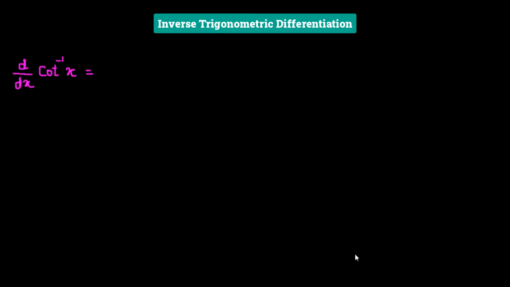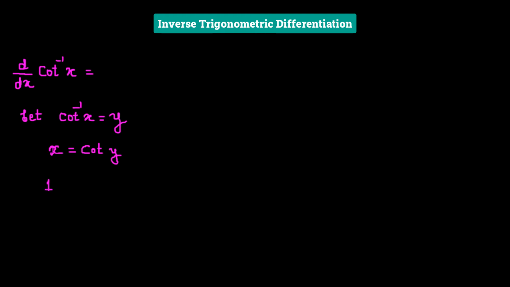So now we are going to differentiate the inverse cotangent function. So let us begin by assuming that cot inverse of x equals y. Taking the cotangent function on both sides, we get x equals cotangent of y. Then we're going to differentiate both sides with respect to x.